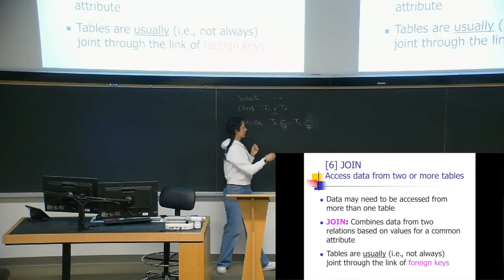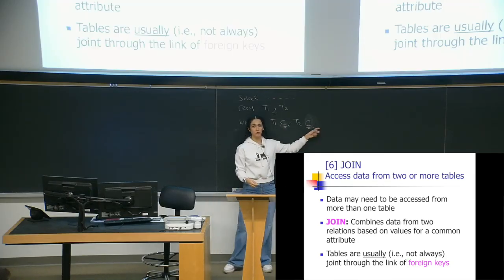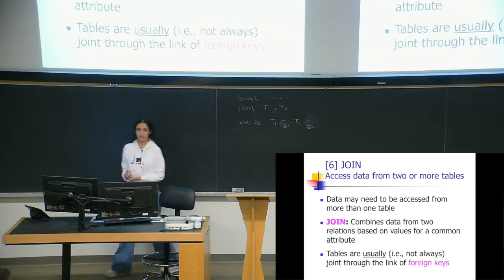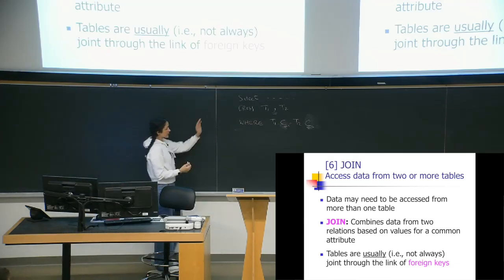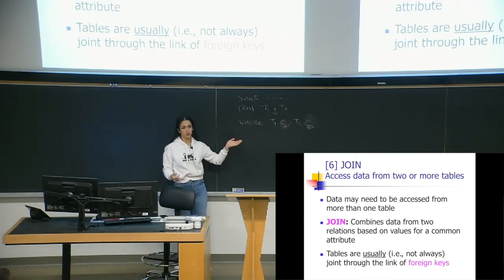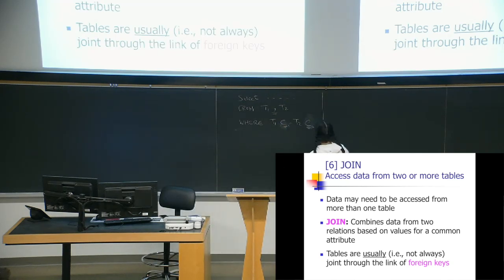For example, let's say C1 is staff ID, C2 is manager ID, and they both refer to the same ID, right? So this is method 1 to join tables. The second method was explicitly using the word JOIN.